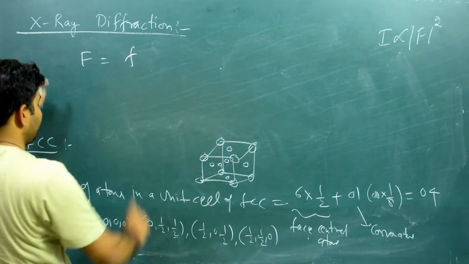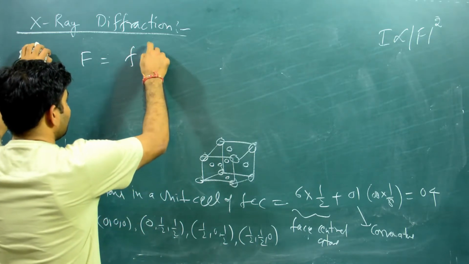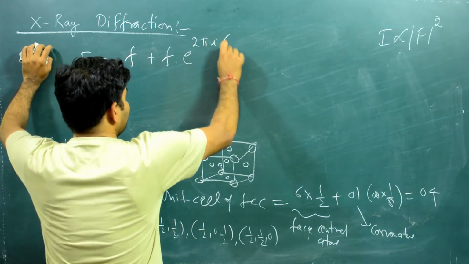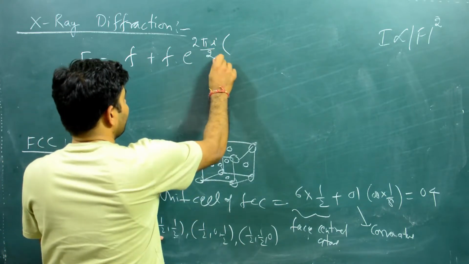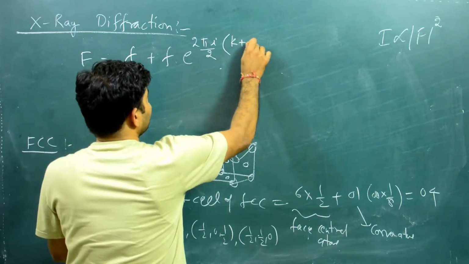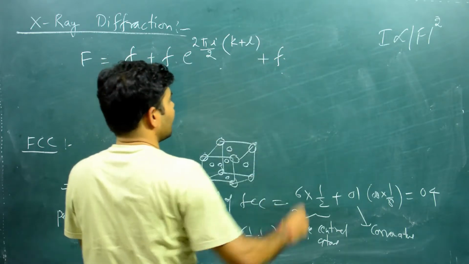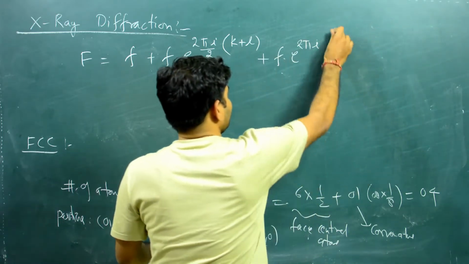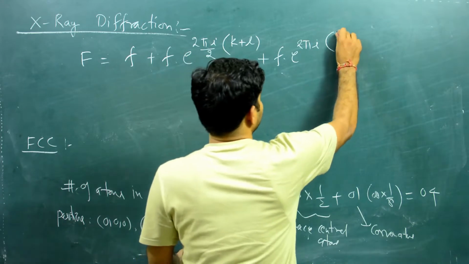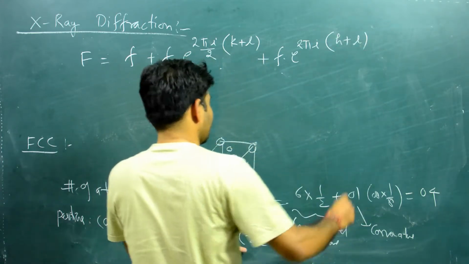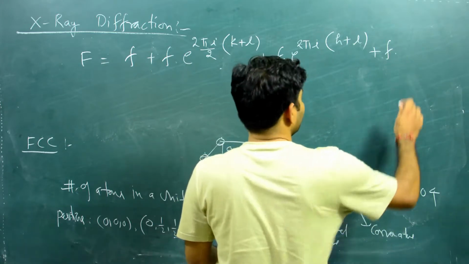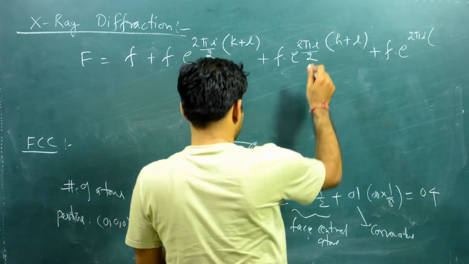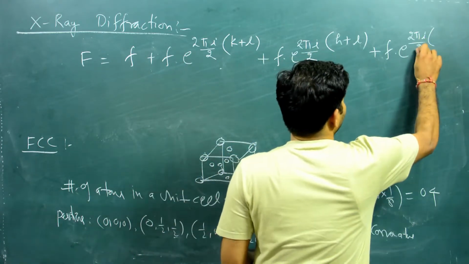The first one will be f into e to the power 0, plus f into e to the power 2 pi iota times half of k plus l, plus f into e to the power 2 pi iota by 2 of h plus l, plus f into e to the power 2 pi iota by 2 of h plus k.